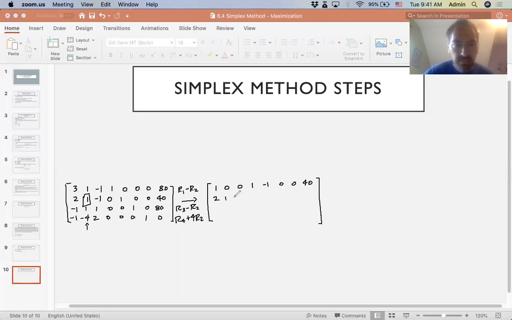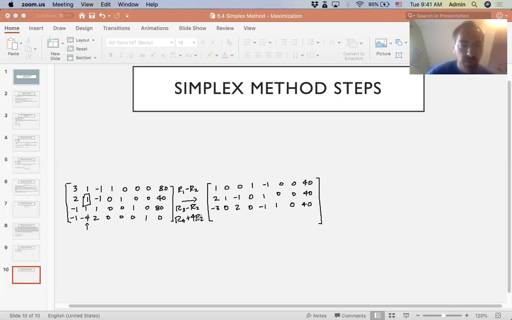R2 stays the same. All right, R3 minus R2. Negative 1 minus 2 is negative 3. 1 minus 1 is 0. 1 minus a negative 1 is a positive 2. 0, negative 1, 1, 0, and 80 minus 40 is 40.